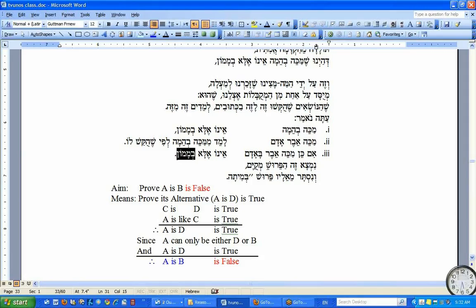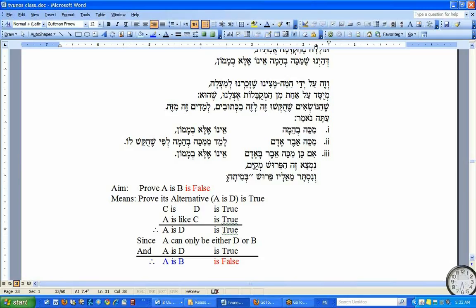Now, once we prove the variant is true, that a man has to pay money, then its other alternative, which is misa, is false.